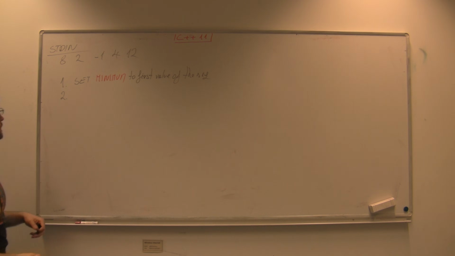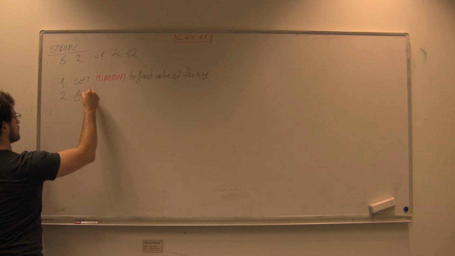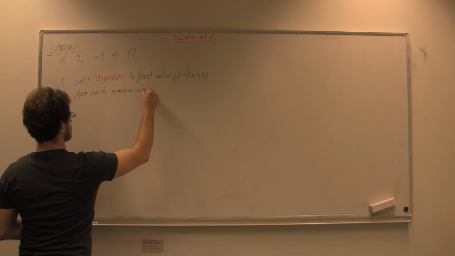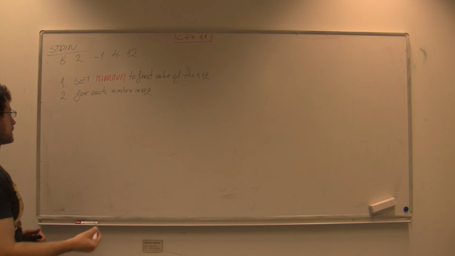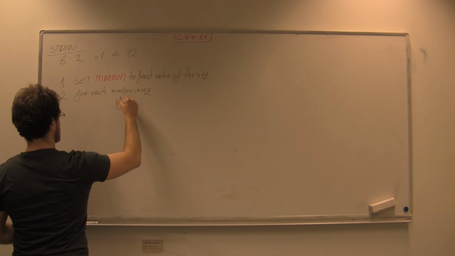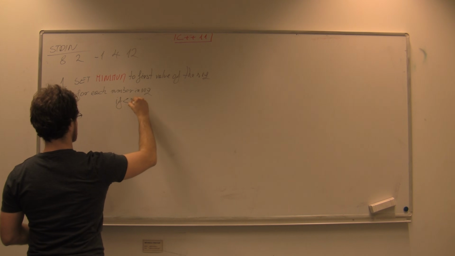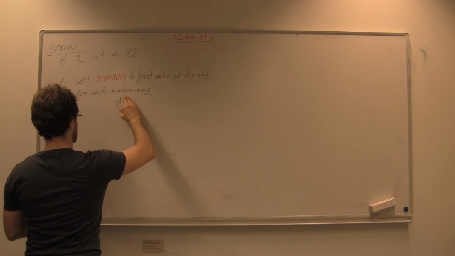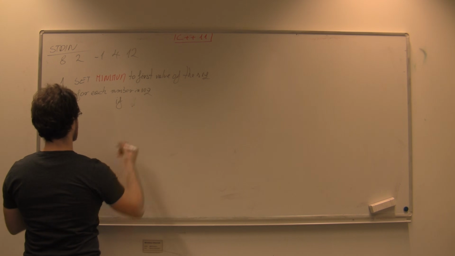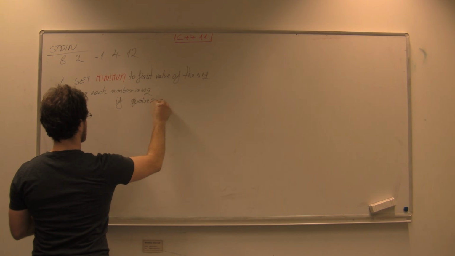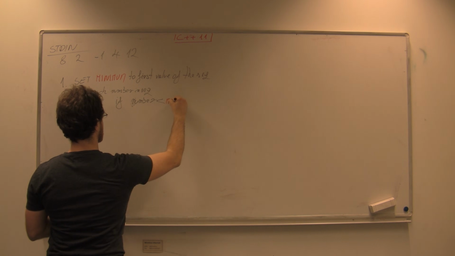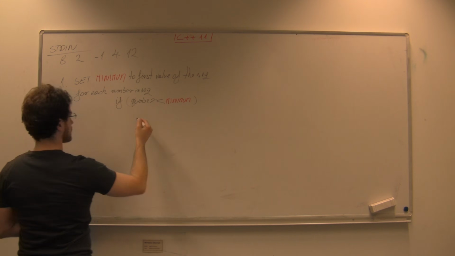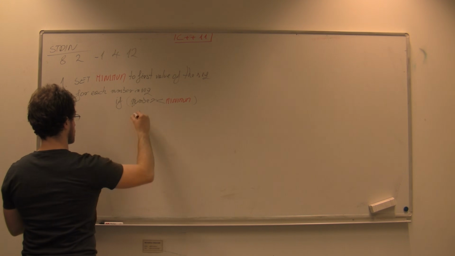The second step is for each number in sequence, if it's less than minimum, so if number less than minimum, minimum will become this number.